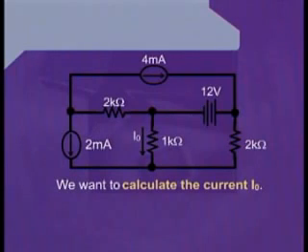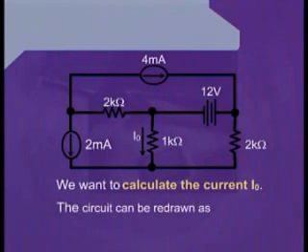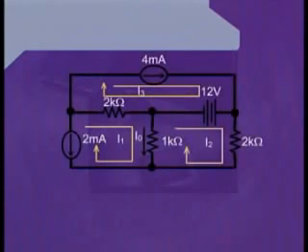To start with, we can redraw this circuit by assigning various current flow directions. Therefore, we define the mesh 1, which is on the bottom left corner of the circuit, and we assign I1 flowing through it as a current.